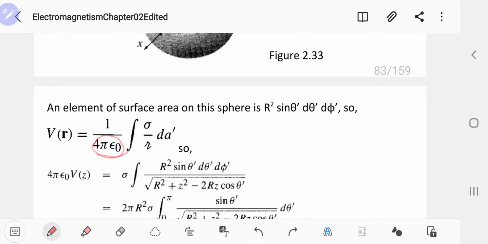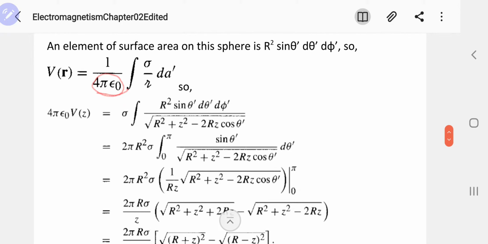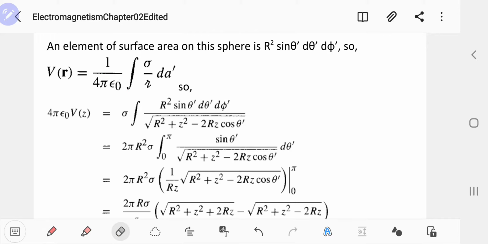So your sigma comes out of the integral, and the dA, if we recall the problem in 2.6, which you have already studied by now, would just be the radial component of the directional area, because we are dealing with the patch of area on the surface of the sphere.